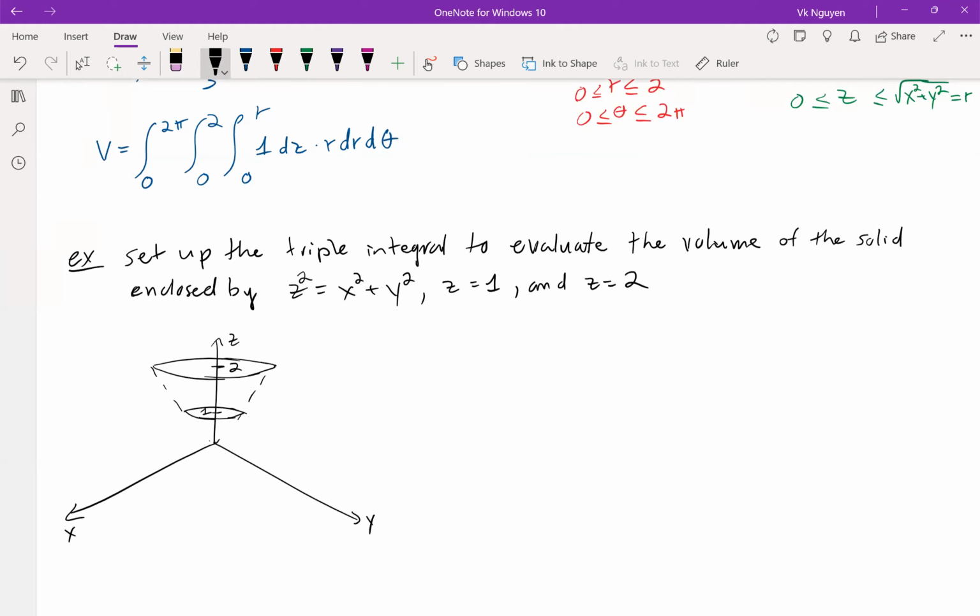Okay, so this is what it looks like. If you set this thing up in cylindrical coordinates, it does get a little bit difficult though. So in order to do this, you have to think about it: if you have something like this, it would be best to sum up the slices.